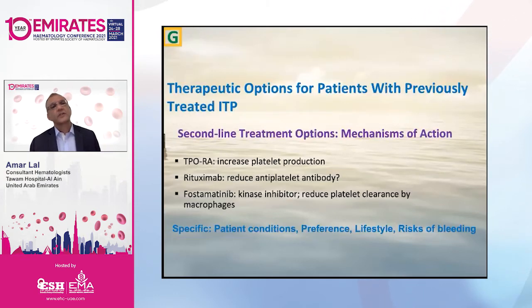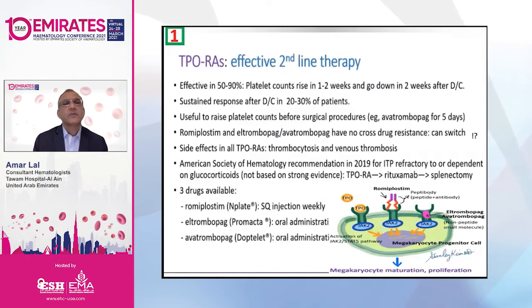Now, options for second line treatment. We have three types of treatment: TPO agonist, rituximab, and fostamatinib. These are the mechanisms of that. The first one is the TPO agonist. One decade ago, the TPO agonist came as an effective second line. It has shown up to 90% effectiveness, and it's a robust and rapid response, with an effect in 1 to 2 weeks.